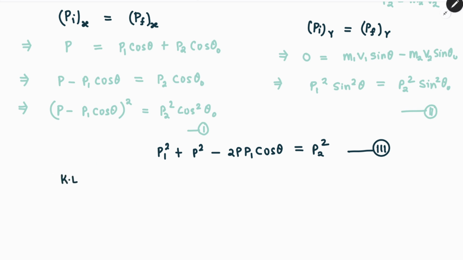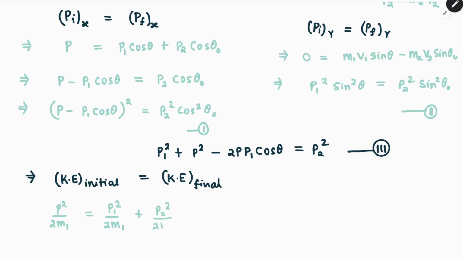So we write kinetic energy initial, or before collision, is equal to kinetic energy final, and hence if we write the expression, the initial kinetic energy is equal to p square by 2 m1, and it is equal to p1 square by 2 m1 plus p2 square by 2 m2.